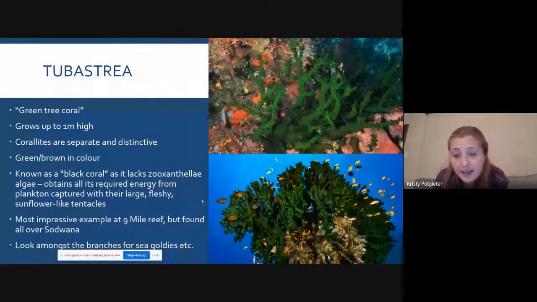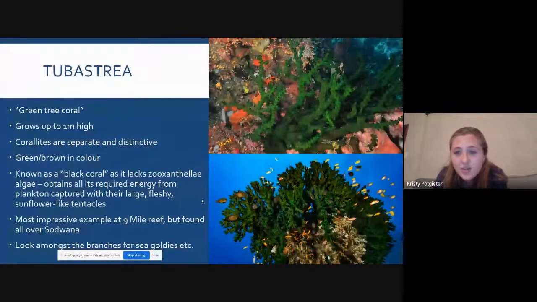This means it gets all of its nutrition from plankton that it consumes. It's got these really fleshy sunflower looking tentacles that it sticks out, and it waves them about, catches the plankton, and then brings it in and digests it. So they're quite a cool coral. Now we actually have this coral all over 2 Mile.